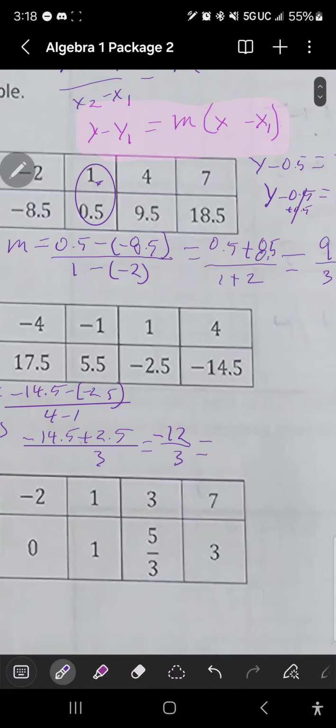And now 12 divided by 3 is 4, and since they have different signs, our result is going to be negative, so negative 4.